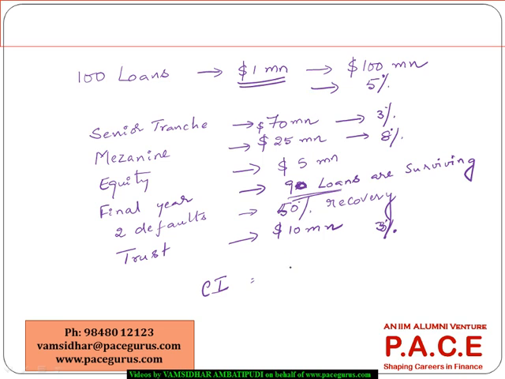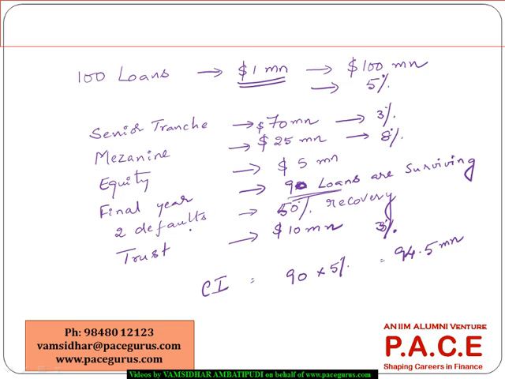The interest: there are 90 loans, so 90 million with an interest of 5%, probably I'll call it 4.5 million in the form of interest. 90 million is in the form of principal, so 94.5 million.